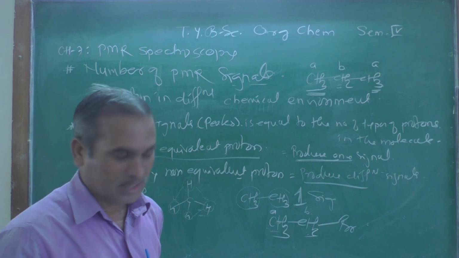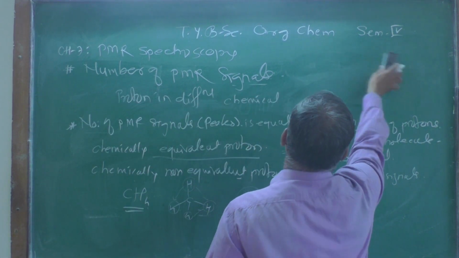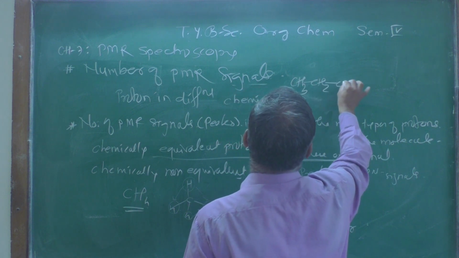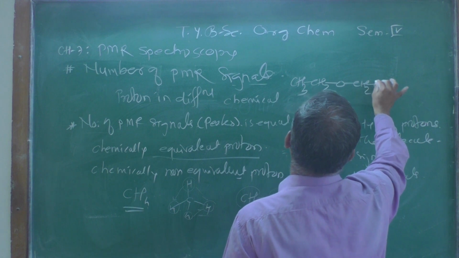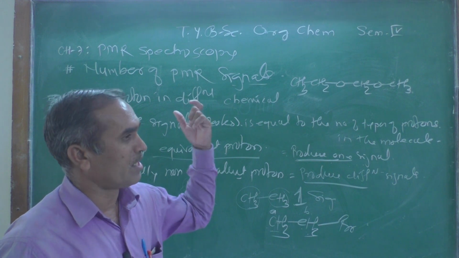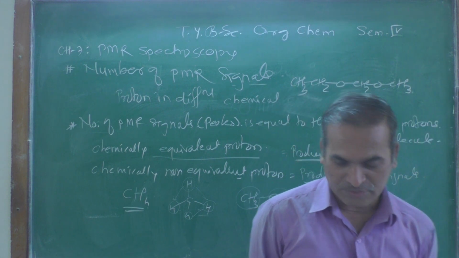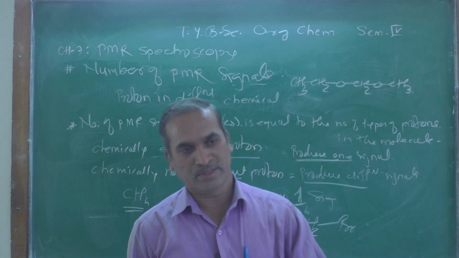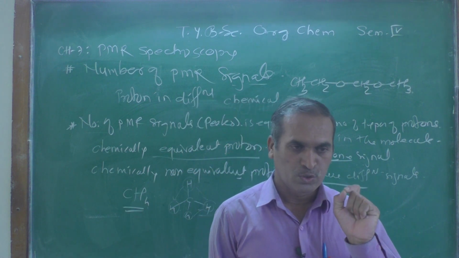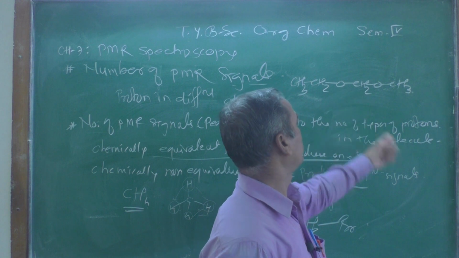Now let's see one more example. This is CH3 CH2 O CH2 O CH3, one of the simplest examples, which I have written on the blackboard. Observe this structure carefully and tell me how many PMR signals would be observed for this molecule.